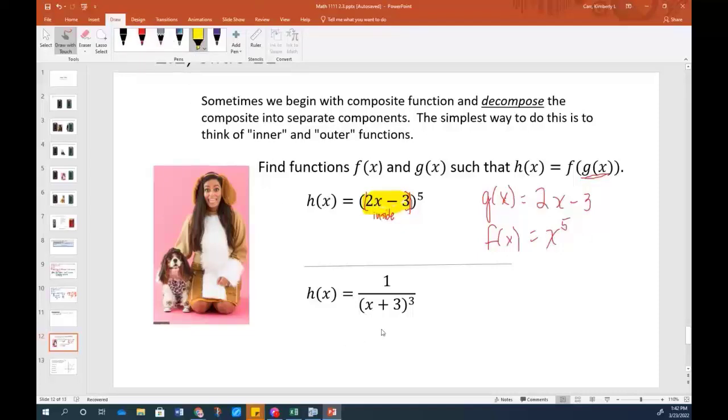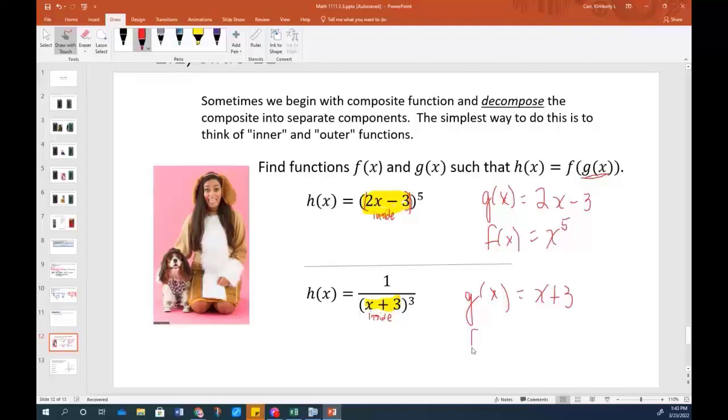So let's look at an inside part on this next one. This is a separate problem. The inside part is x plus 3. The inside function is g of x. So let g of x equal x plus 3.